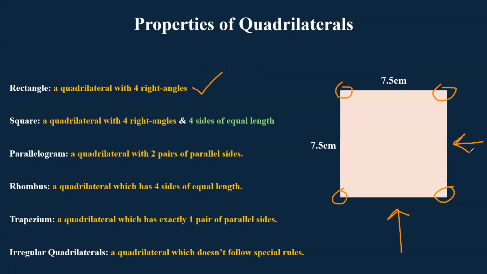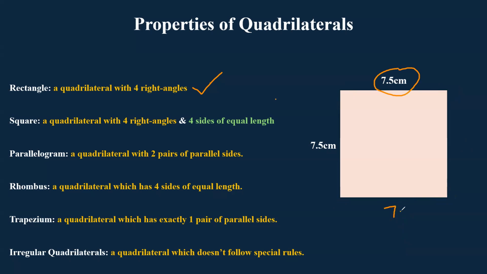Because as you can see, it says 7.5 centimeters on 2 of them, and both of them are the same. So that means the other 2 are the same. Perfect. Of course we know that all the sides are the same because, like Annabelle said, 7.5 centimeters at the top, we can see the bottom is exactly the same size as the top.